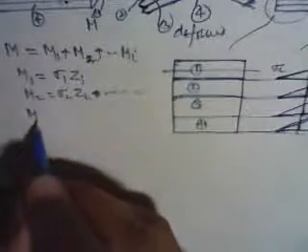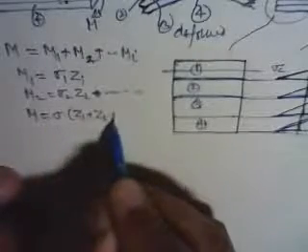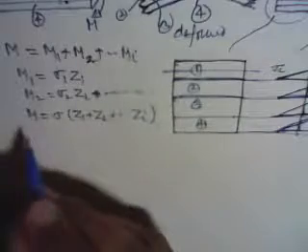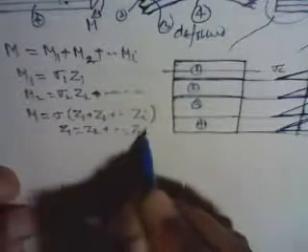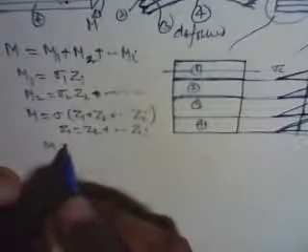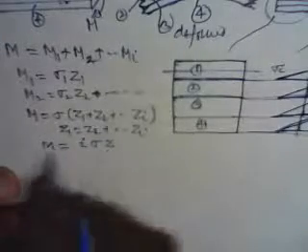So we can write M is equal to sigma into Z1 plus Z2 and Zi. But in this particular case, Z1, Z2, Z3 are the same. Z1 is equal to Z2 is equal to Zi. So I can write this equation as M is equal to i sigma into Z.